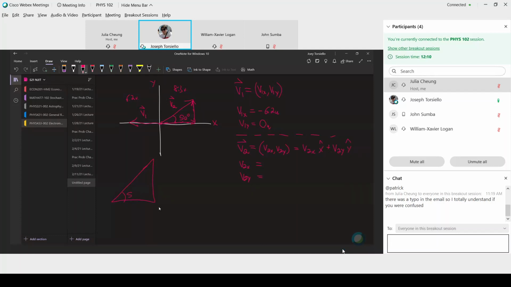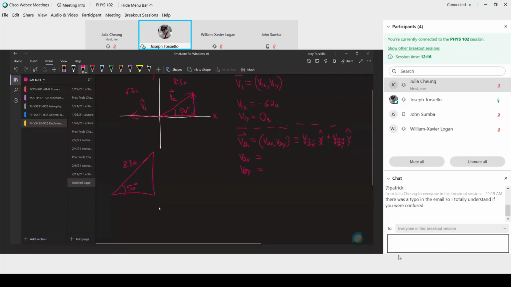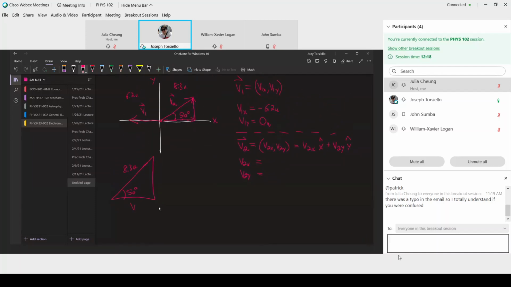You see this is 50 degrees, this is 8.3 units, and this is the x component. The length of this arrow would be the x component, and the length of this arrow would be the y component.